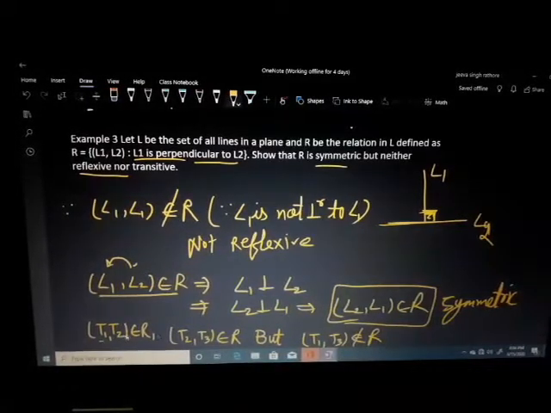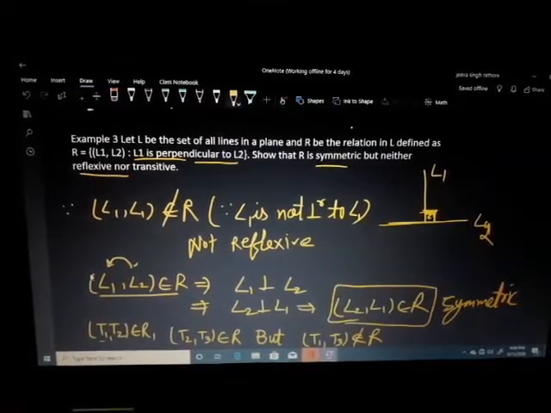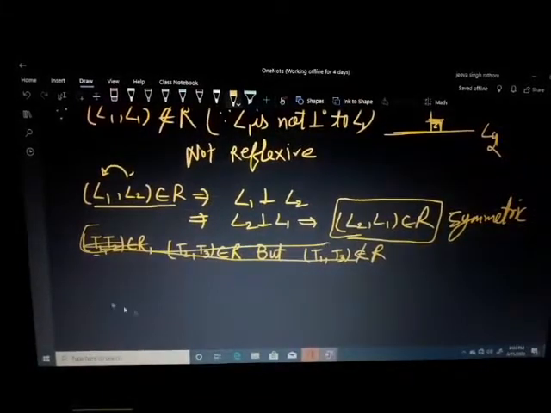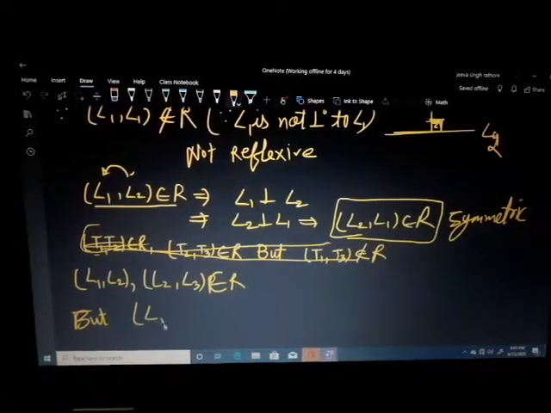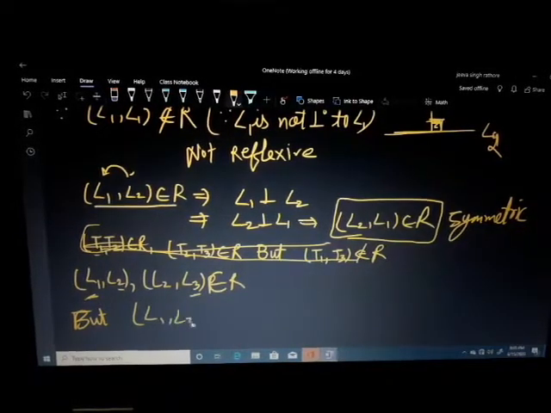Actually, sorry, that was a mistake. L1 comma L2 and L2 comma L3 belong to relation R, but L1 comma L3, the first and third, does not belong to R.